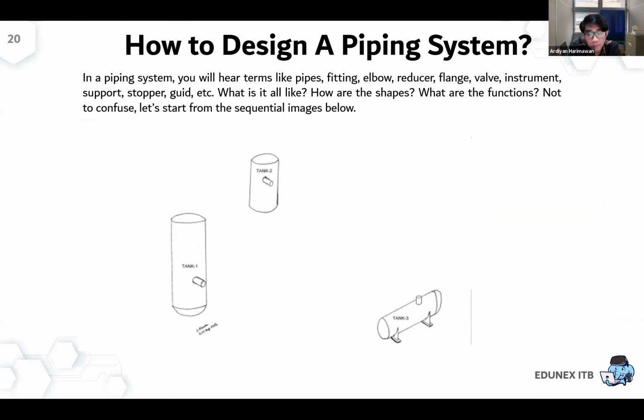Okay, maybe I'll just explain this quickly. If you have something like this one, this is an example of a piping system.